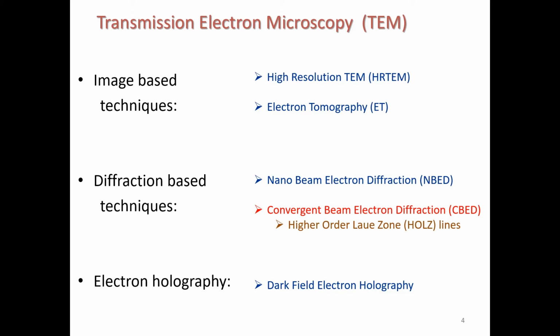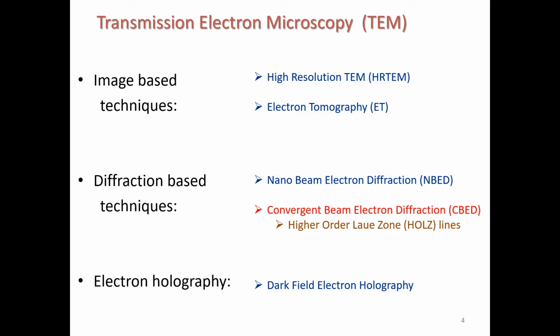I'm not going through the details of these techniques, only to let you know, among all TEM techniques offering nanoscale resolution measurements, convergent beam electron diffraction patterns show the highest sensitivity to the atomic displacement.